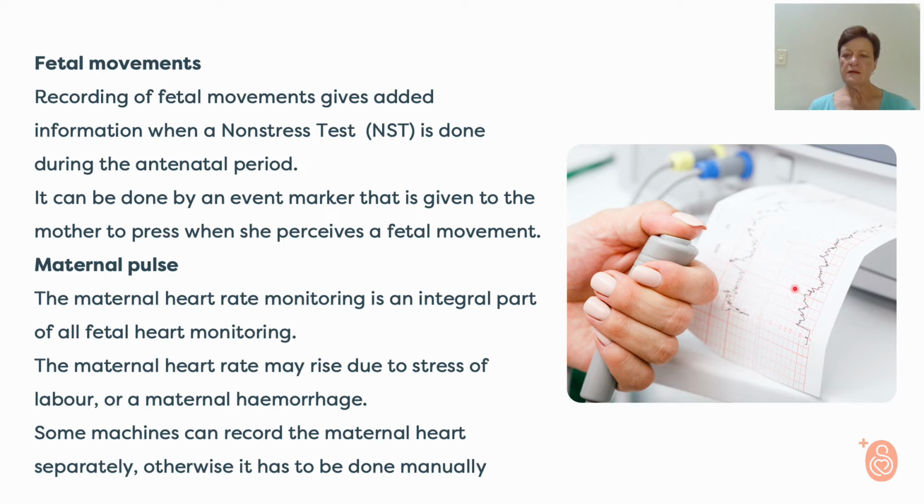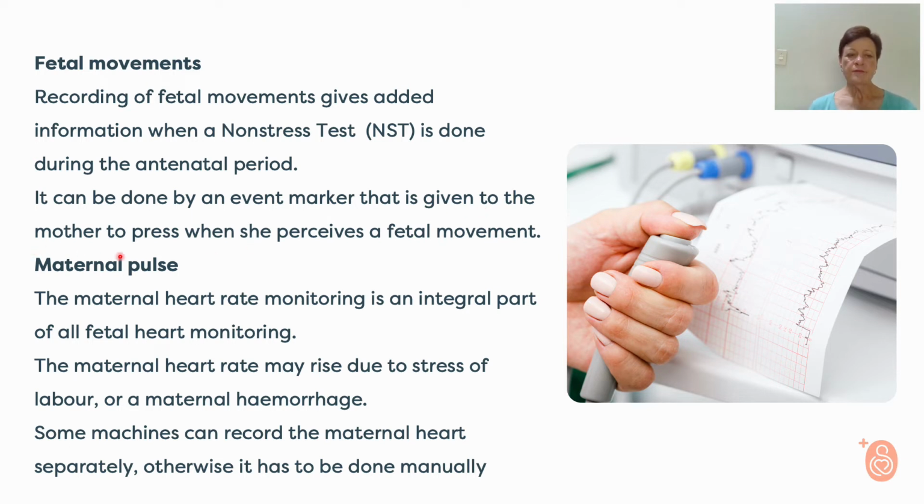It will then be marked on the paper, and we can see how the fetal heart reacts to that fetal movement, whether there's an acceleration or whether the fetal heart doesn't accelerate, etc., which is very important during antenatal fetal monitoring.